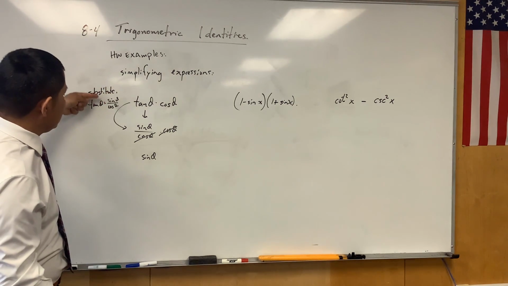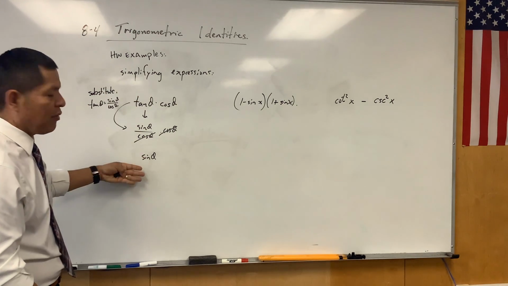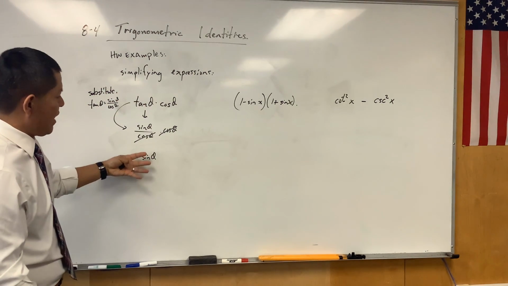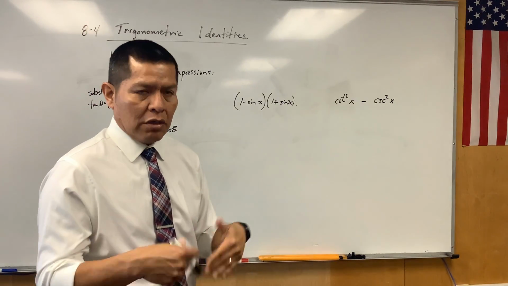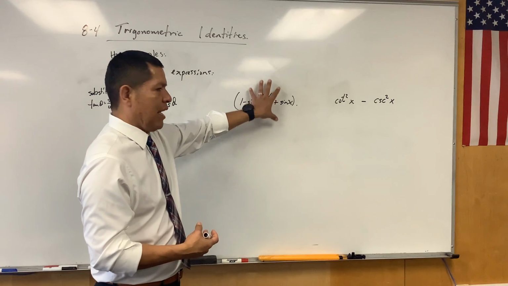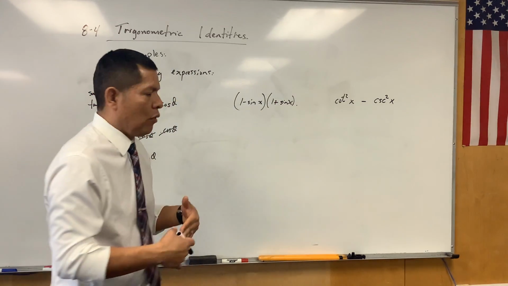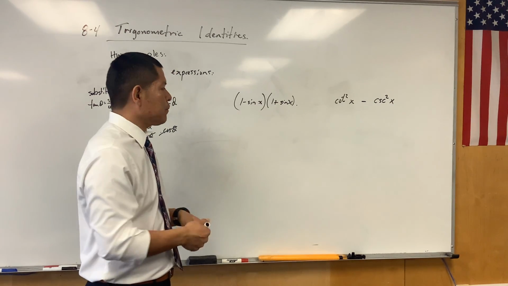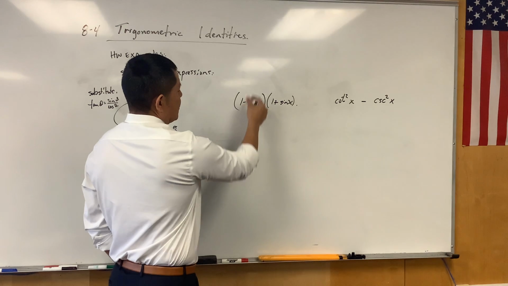So you're substituting this identity for the tangent of theta, and then you're simplifying that, or you're breaking it down to a single trig function. So that's what we're looking for. We're looking for how can we take this thing and break it into a simple trig identity or a simple trig function.